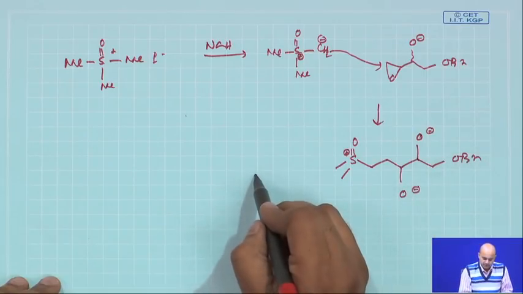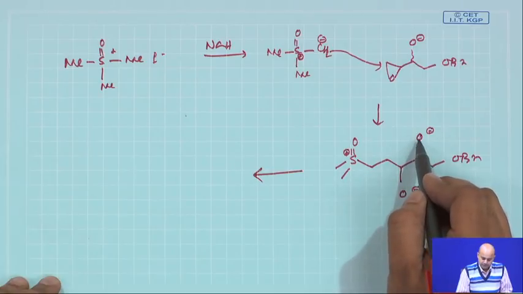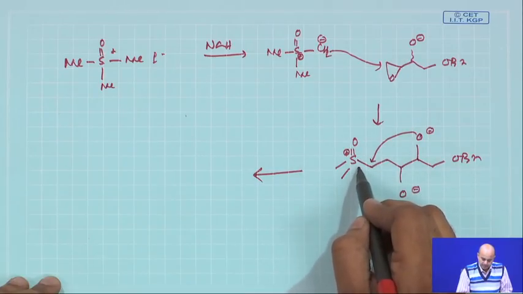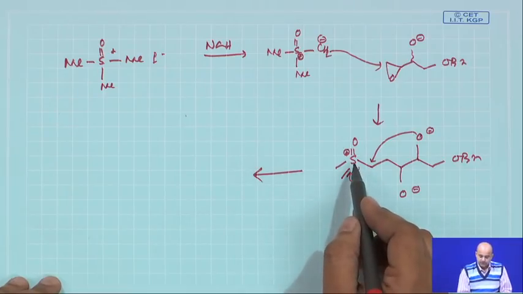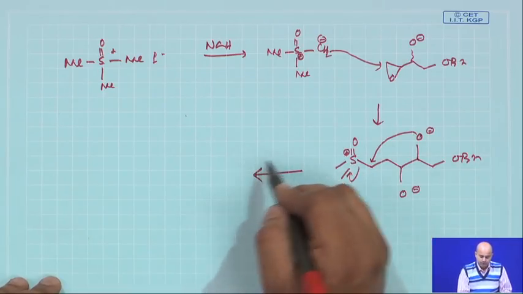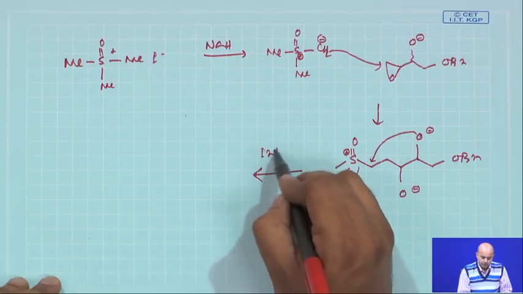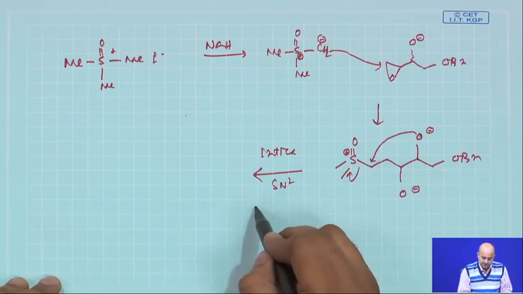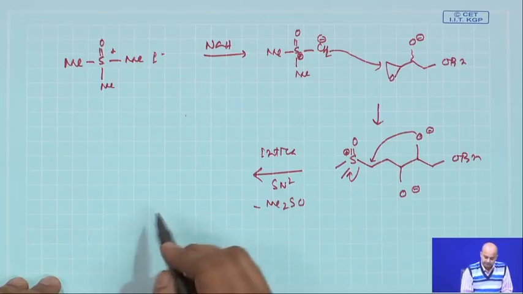Now, this O minus attacks at this carbon, and the dimethyl sulfoxide will be living as a leaving group. Dimethyl sulfur containing compounds have good leaving aptitude. So, now an intramolecular SN2 will take place, and that will leave the dimethyl sulfoxide as it is.